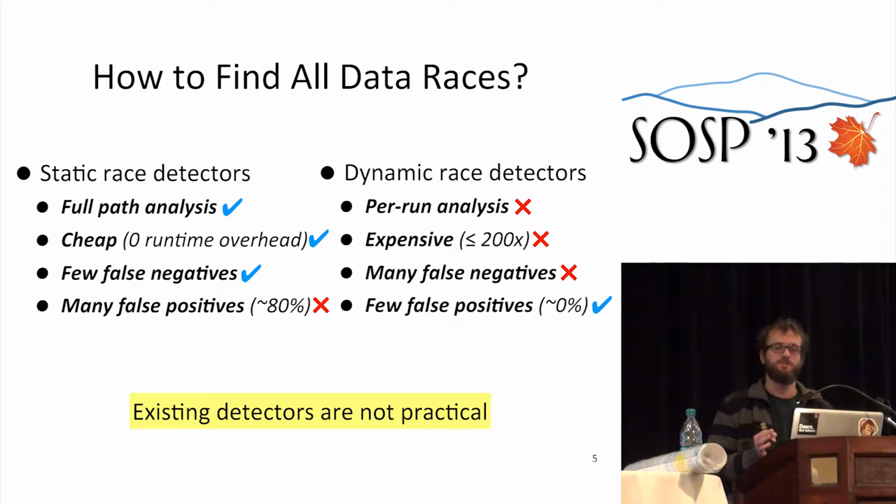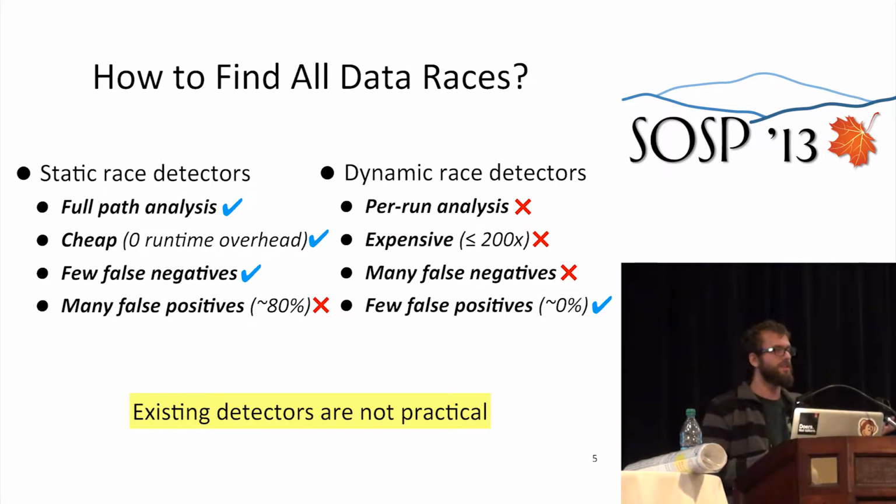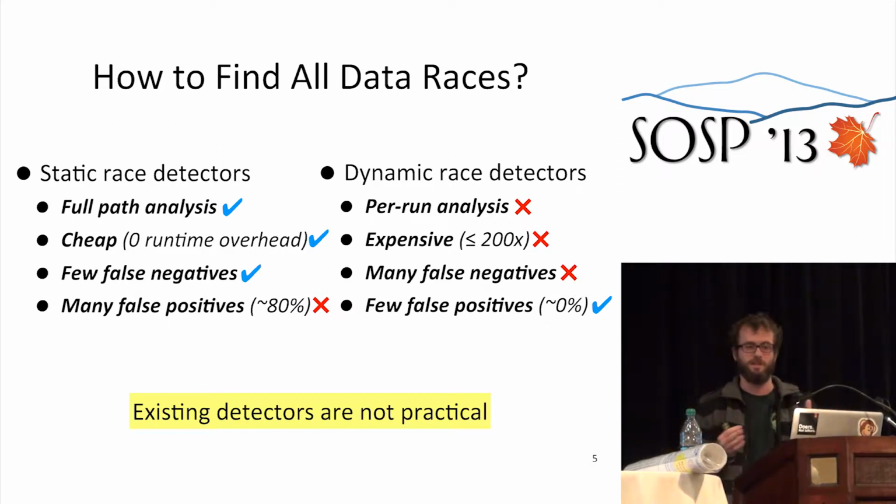So even if developers use them, they cannot have enough confidence that they discovered all data races in their program. This, in turn, limits their usability. There are some other kinds of detectors, such as the hybrid ones based on sampling, etc., which still have some of the shortcomings that I mentioned. So bottom line is, existing detectors have important limitations, and therefore they're not widely used in practice.